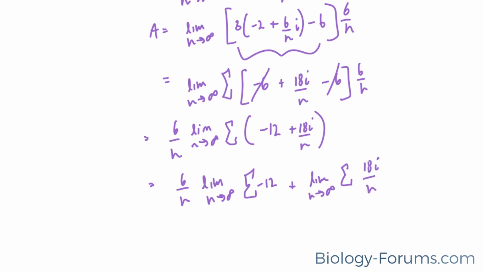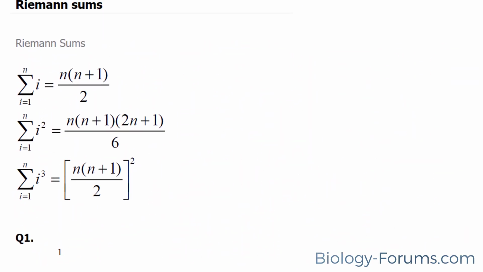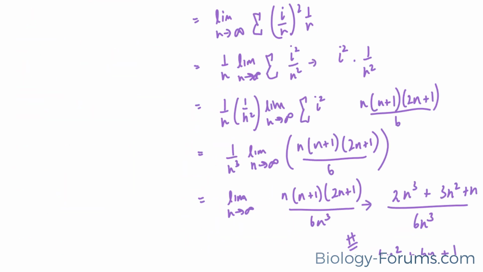Now I can separate these, and if I do that, I end up with, first, this becomes negative 12n because of the following reason. And this becomes plus 18 over n. And then we have the sum of i. We're going to use our Riemann sums formula, which was denoted right here, n times n plus 1 over 2.